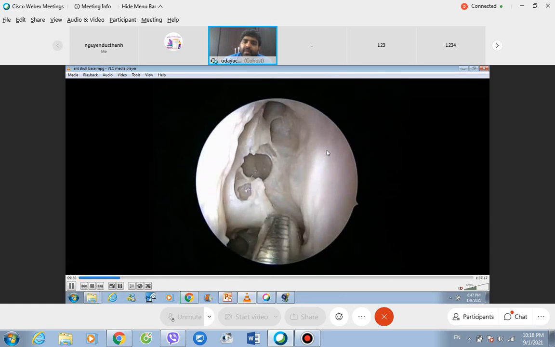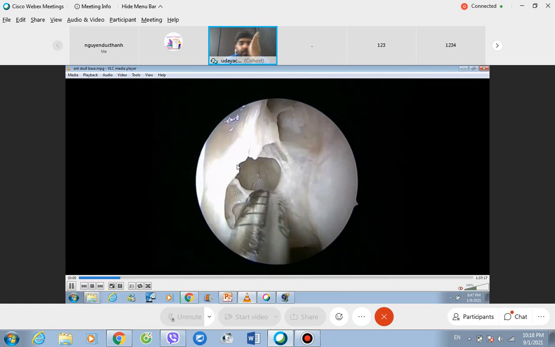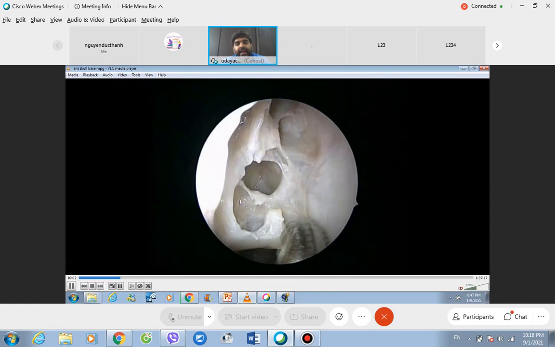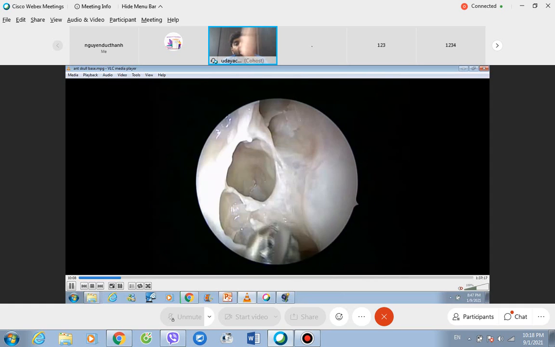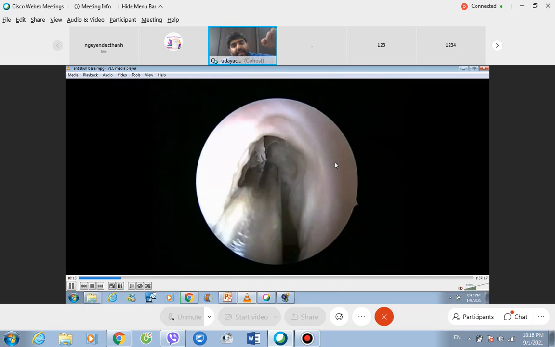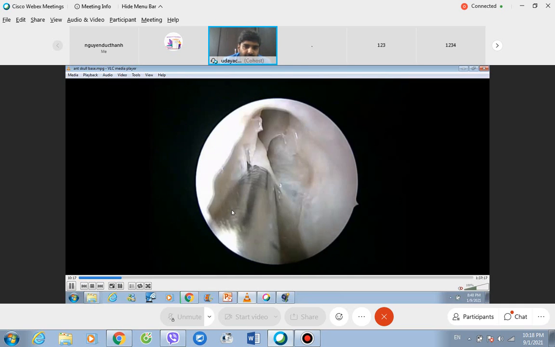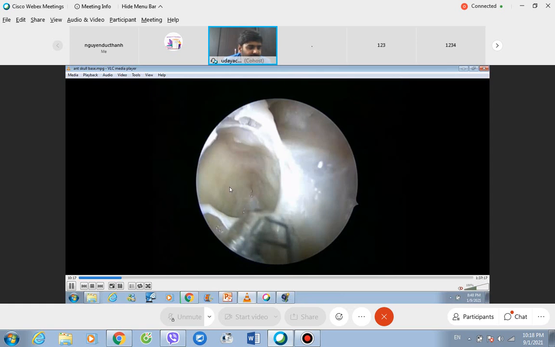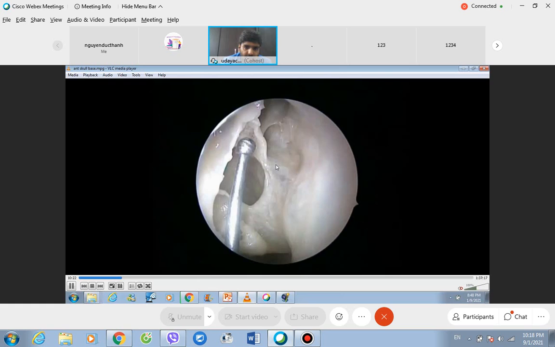See, this is the middle turbinate, and gradually you can see this middle turbinate transforming its axis, orientation. Vertical orientation is slightly going to the coronal plane, and once it is completely coronal, it will completely become axial and attached to the lateral wall.